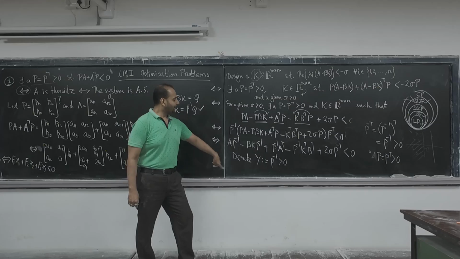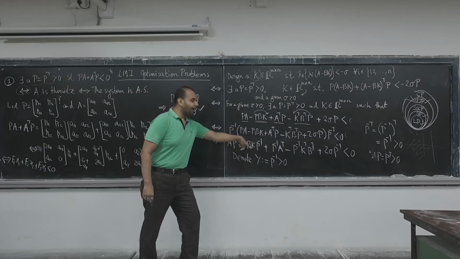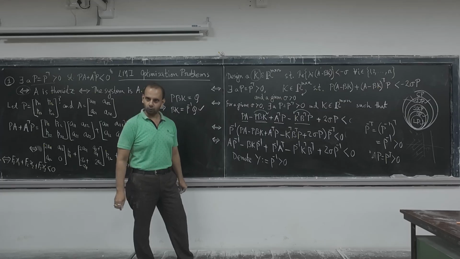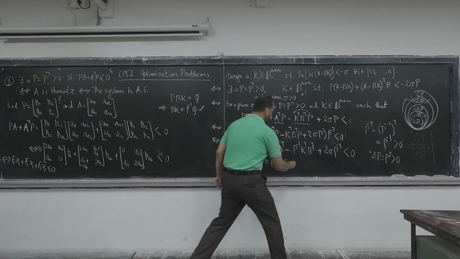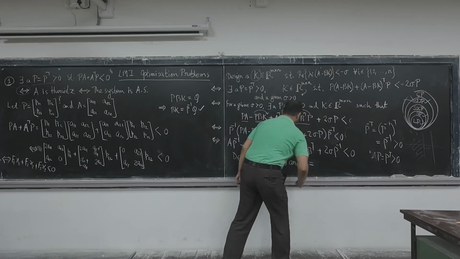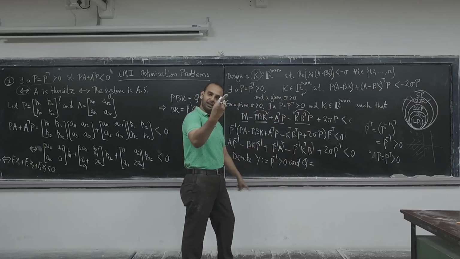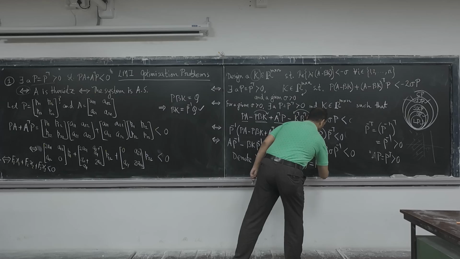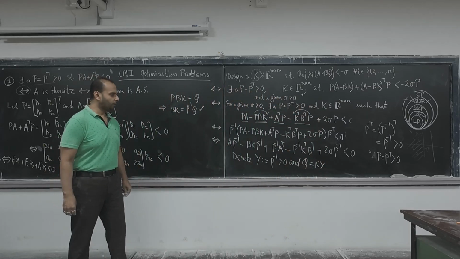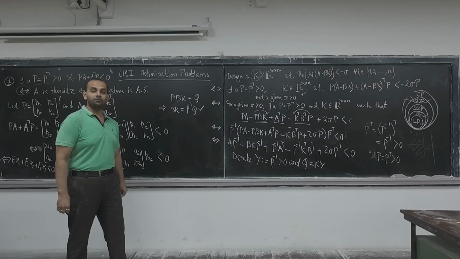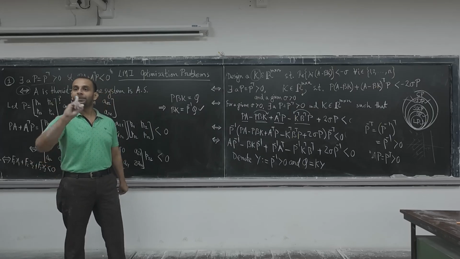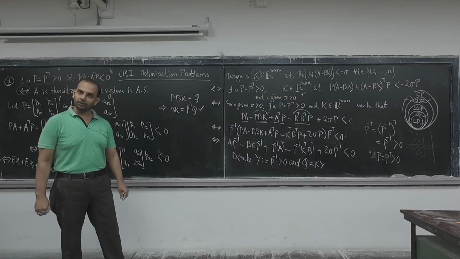You will find that K and Y, meaning P inverse, are sitting next to each other. So what we are going to substitute is Q = K Y. Finally, the LMI that you are going to get would be in the variables Y and Q. No longer is it with respect to P and K. Please denote the difference.